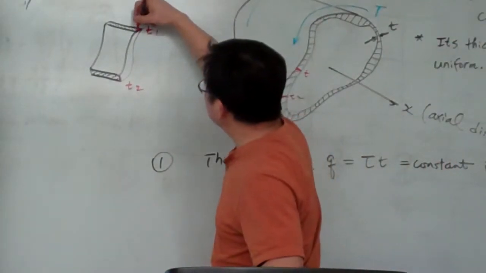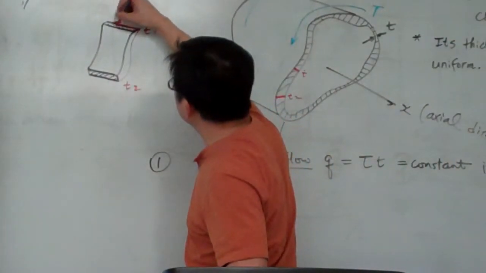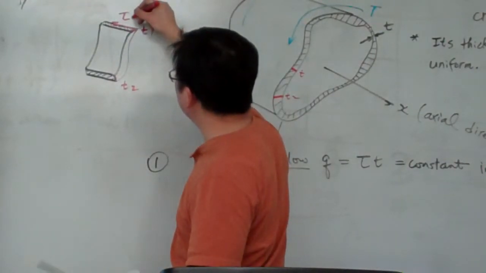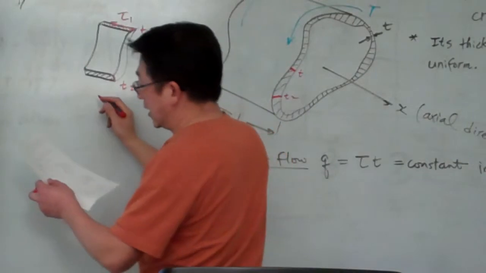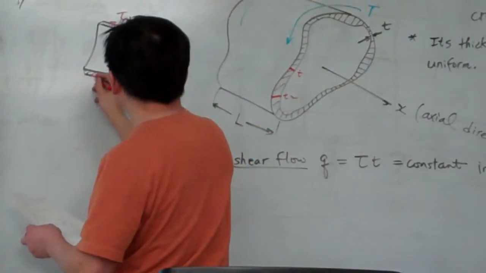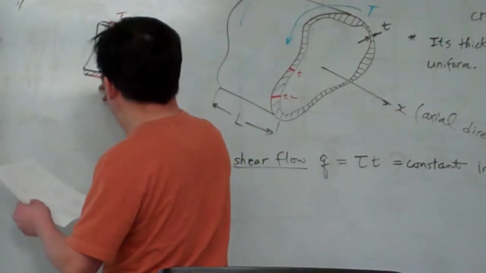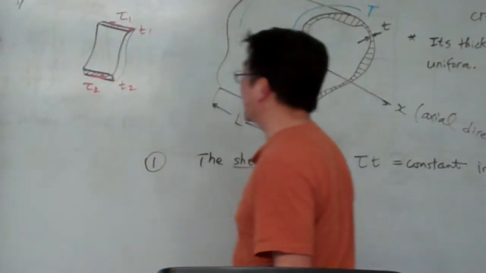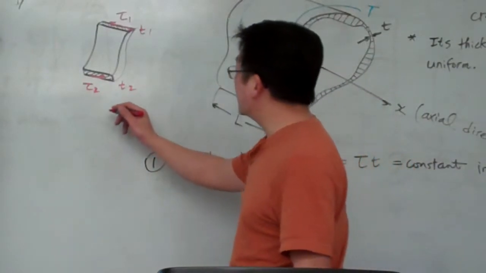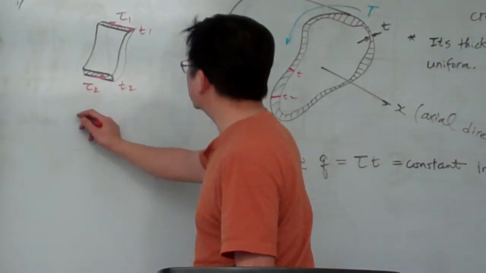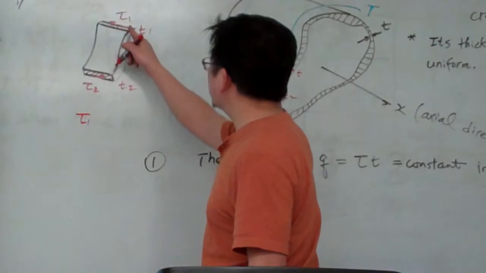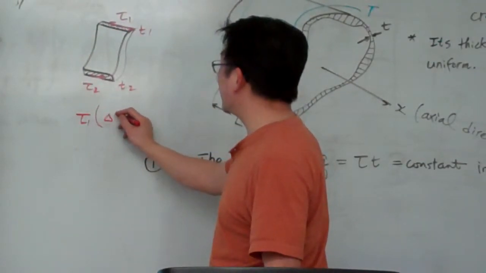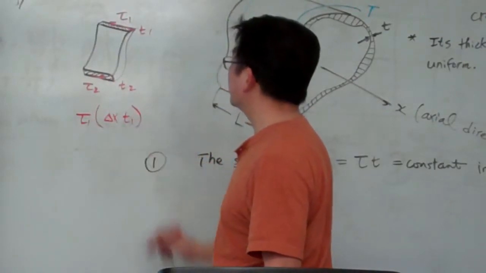So here, assuming the shear stress is tau, for example, tau 1 at position 1 for t1, and this is the shear stress, and then we call the one at t2 tau 2. Now we can approximate this: tau 1 is the shear stress, multiplied by this slice area, equal to delta x times t1.